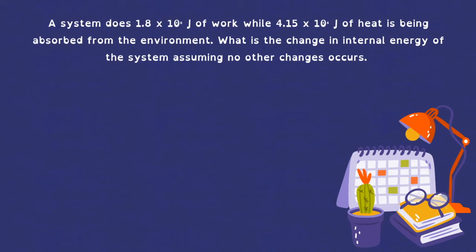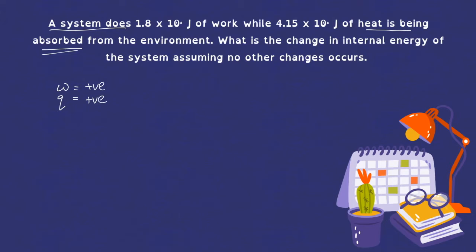Alright, so in order for you to answer this question, the first thing that you need to do is look at your work and also your heat. In this question, the system does the work, so your work must be positive. And the heat is being absorbed, so the system absorbs the heat, so your Q must be positive as well.